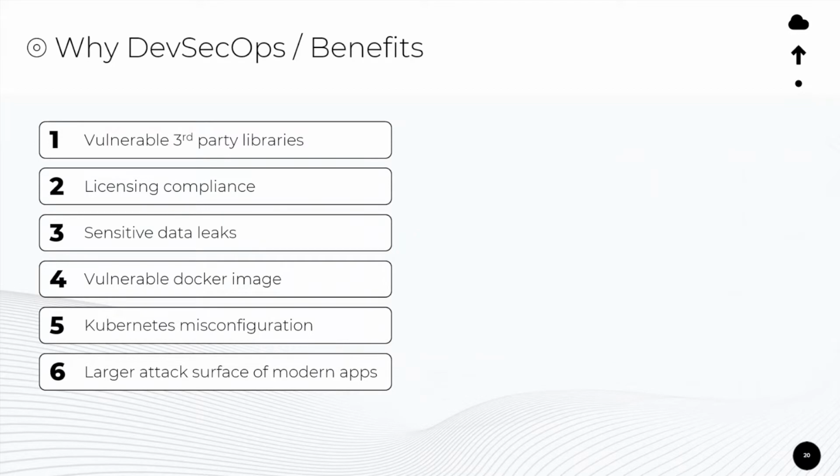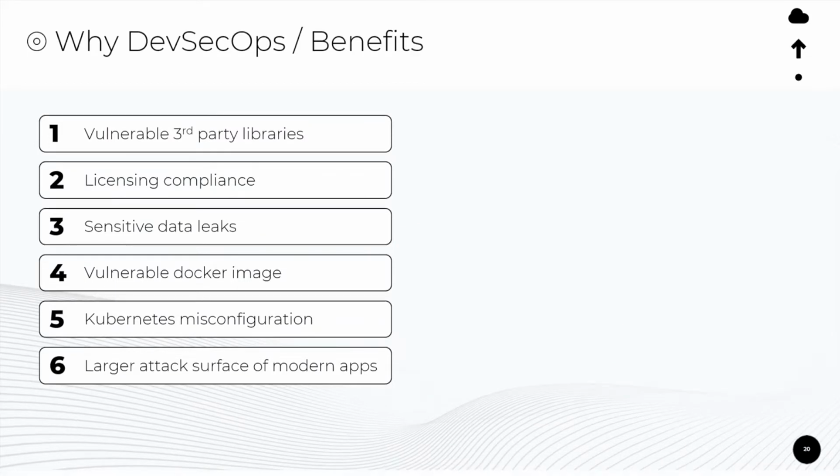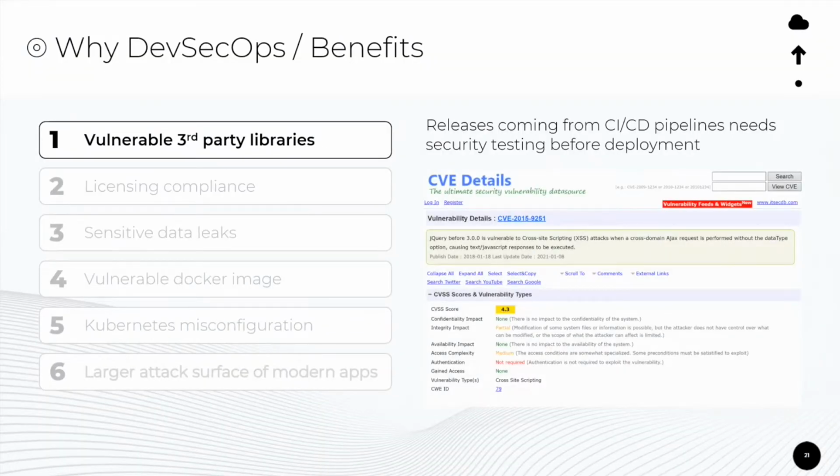So moving on, why DevSecOps and what are the benefits of DevSecOps? Starting with vulnerable third-party libraries. When it comes to building an application, of course, developers use third-party libraries as part of it. Now they may not know about the security vulnerabilities of third-party libraries, right? So that's where FortiDevSec or similar tools come into the picture.